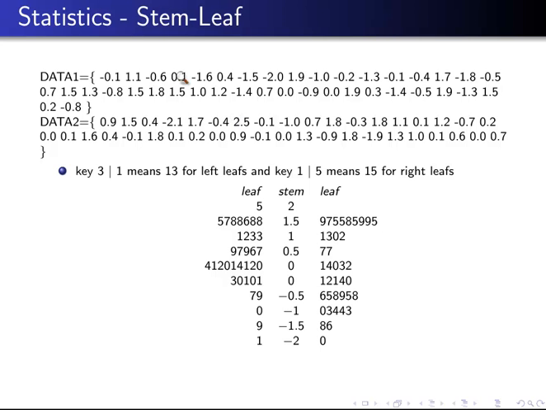So we have 0.1, that belongs there. Then we have 0.4, that belongs there. And you can see that we've got 1, 4. 0.5 is a bit unclear here. I mean, should it be here or here?